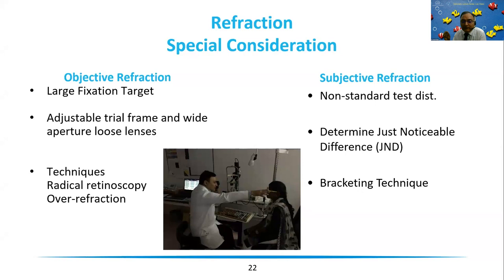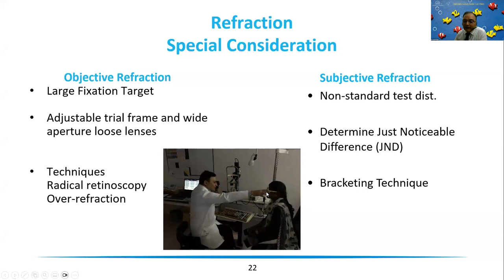At times, it may be difficult for you to perform retinoscopy in those cases. And if you're not able to visualize the reflex at your arm's length at 60 centimeter, come at say 20 centimeter or 30 centimeter, reduce the test distance, come at 20 centimeter or 15 centimeter, and then try to visualize the reflex, and use different estimation techniques to identify the refraction value.